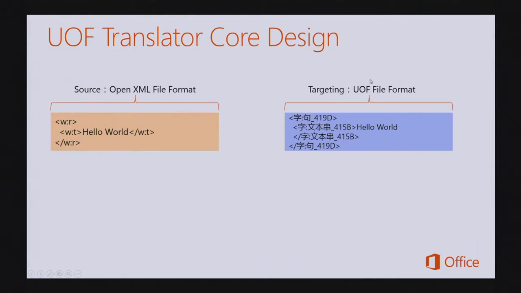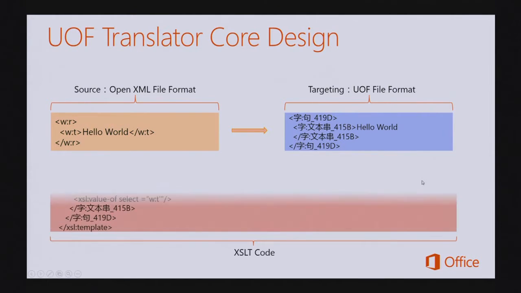Yeah, sometimes we use this demo, right? And on the right is the UOF file format. It's a Chinese file format standard, so we can see some Chinese characters. They are contained in the standard itself and can't be modified. So this is also a hello world. And this is our target.